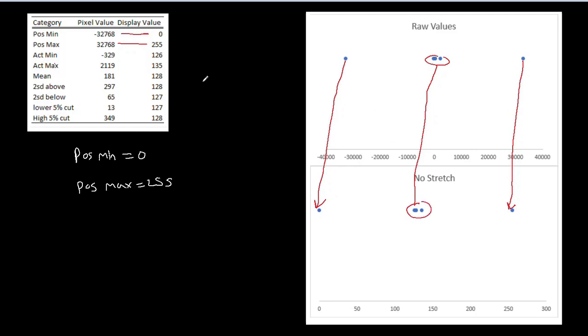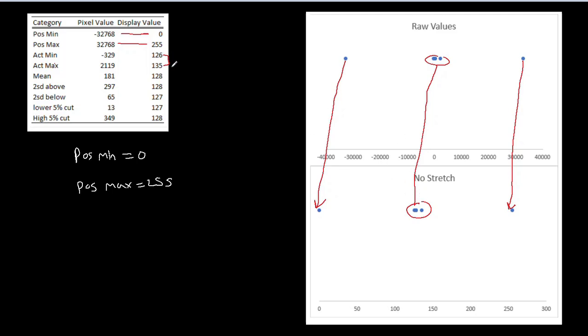And so what I want you to draw your attention to here is the fact that the actual minimum to the actual maximum only take up 9 display values. So the full range of the data set only takes up 9 display values.